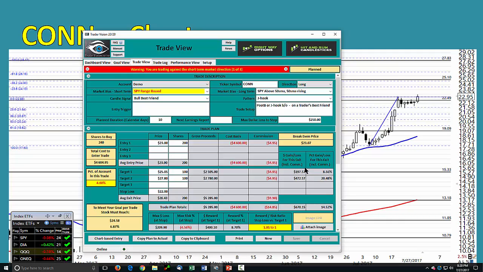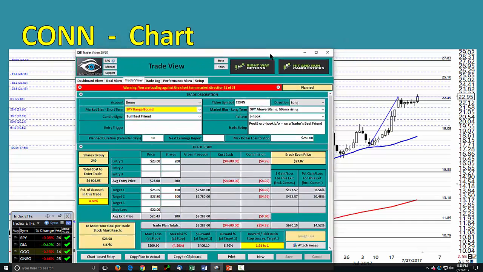So that's $200. Now I could sell all 200 shares here, or at least more than 100 shares, and I could get my $300 here. And I might do that. But for this example, I'm just going to say that I think it is likely we can make this second target, so I'm going to be a little bit more aggressive, looking for that 20.5% on the second half of the trade.